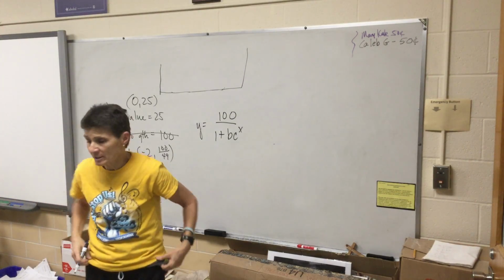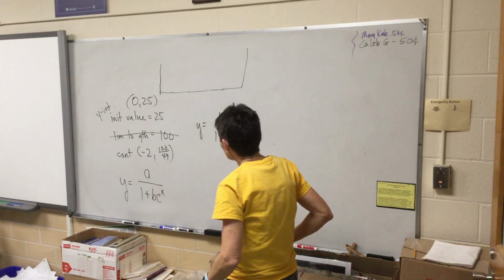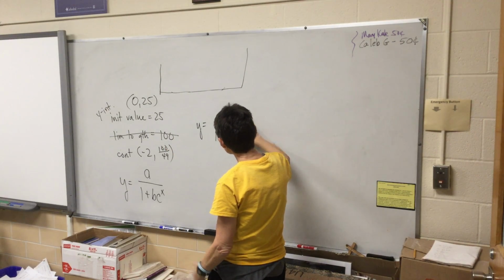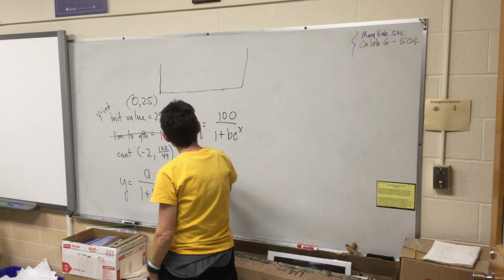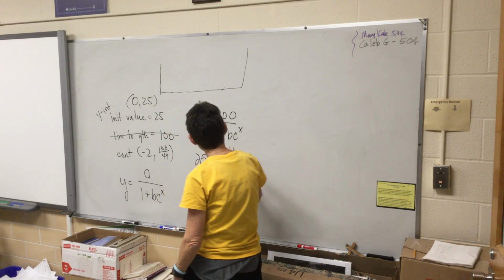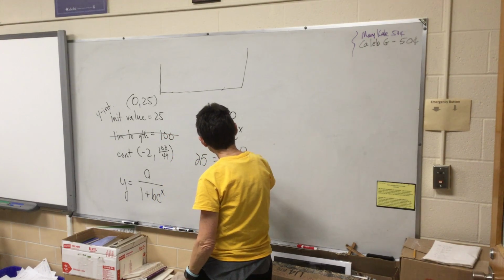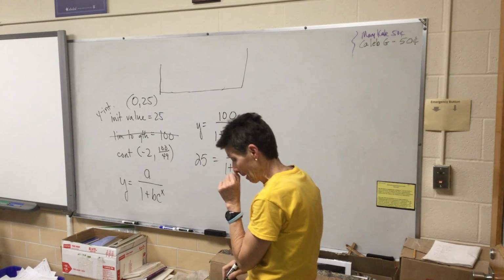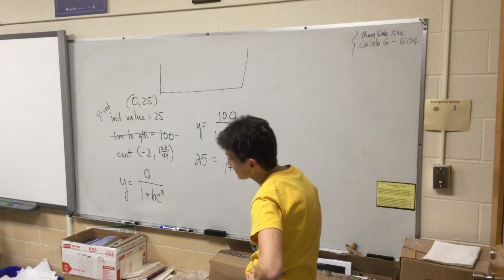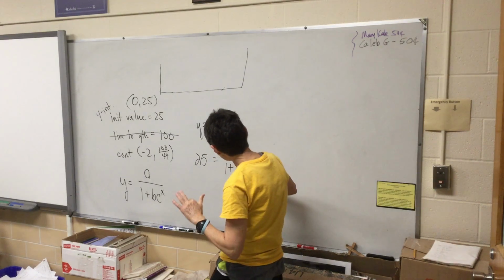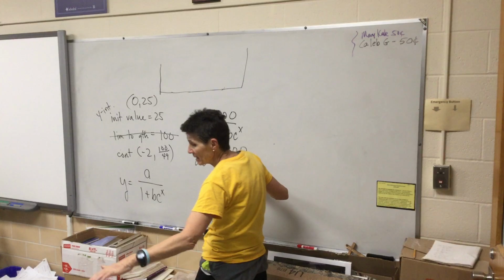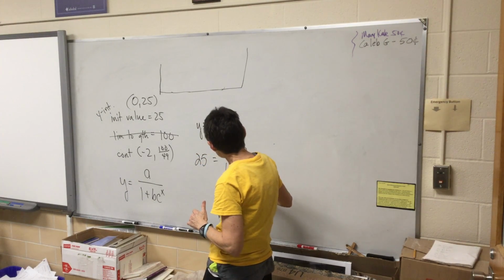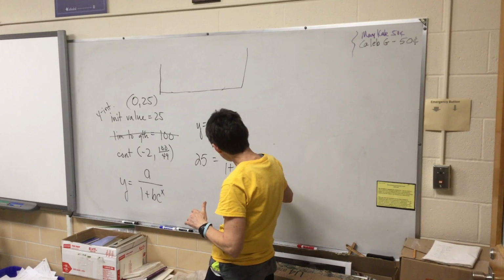The y-intercept is 25. So if I take my equation, I've already got 100 put in. If I take my equation, put 25 in for y, and 0 in for x, things kind of fall into place. Because what's c to the 0? Somebody other than Jacob, what's c to the 0? 1. So this basically isn't there.